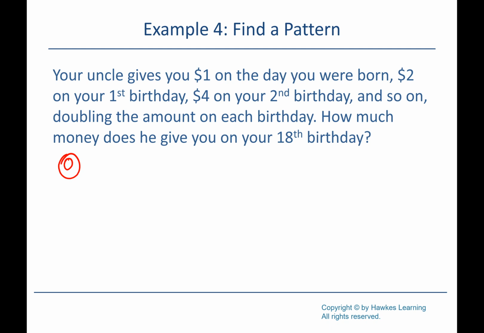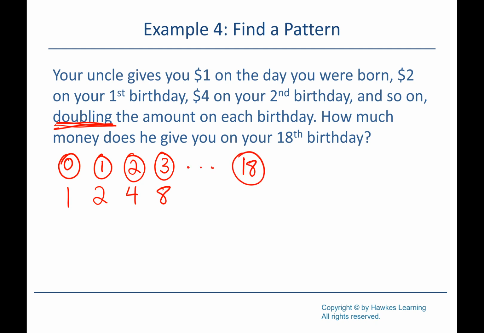We'll get $1. 1, we get $2. 2, we get $4. 3, what would it be? It'd be 8, right? Because we're doubling the amount we got on the last birthday every time. So we want to figure out on our 18th birthday, how much do we get?